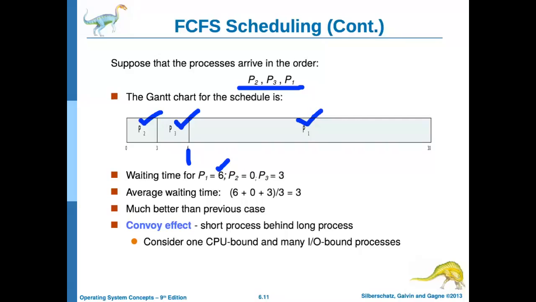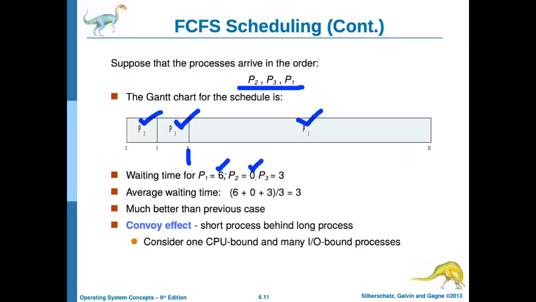And that is the reason I am repeating it here: 6 minus 0. I'm not just saying 6. So the waiting time for P1 is 6. The waiting time for P2 is 0 because that is initially scheduled. Absolutely no issue.